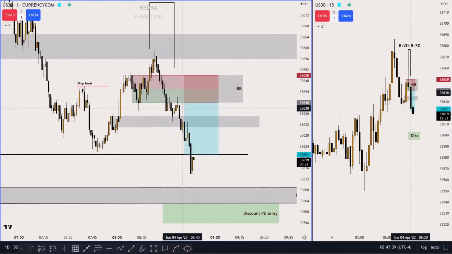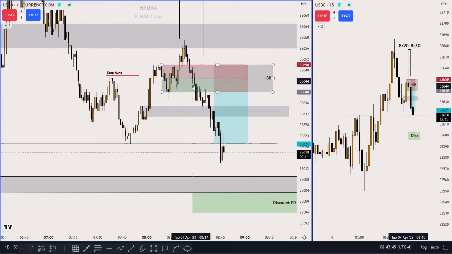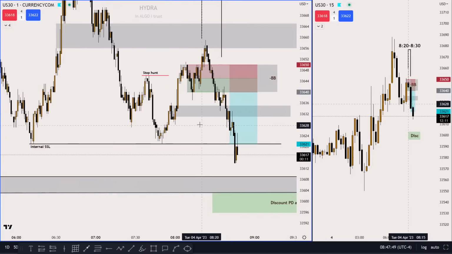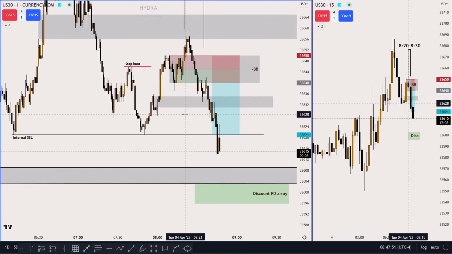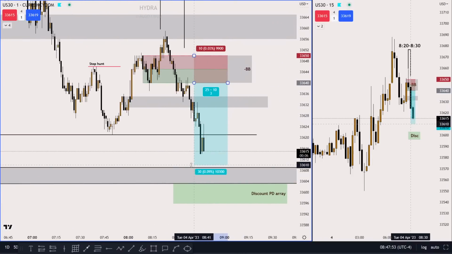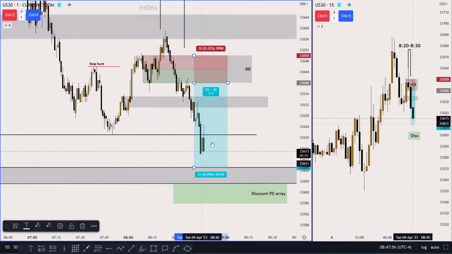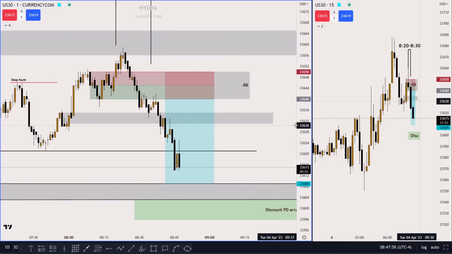I clearly told you when price was here, you can enter and take the trade. And price did exactly the same thing with logic. I gave you a signal with logic. That's a 2R. If you are taking your profit here, that's a 3R trade.